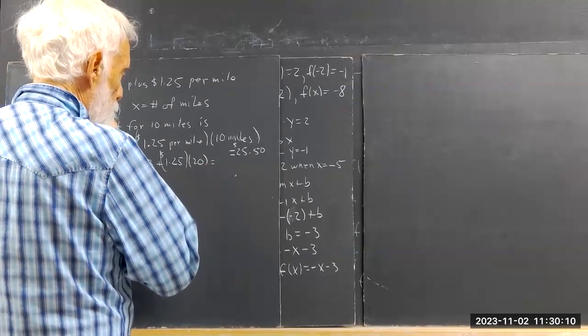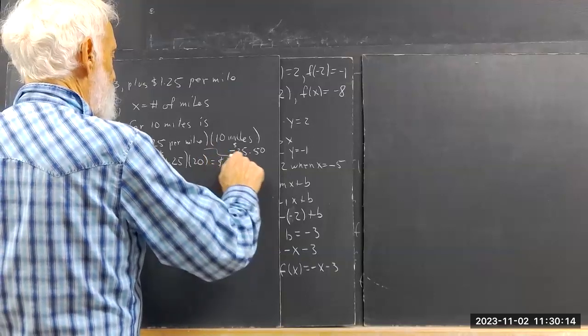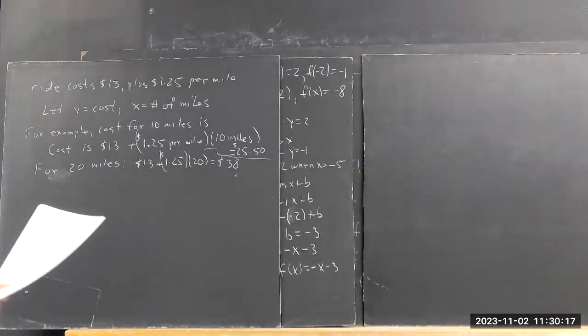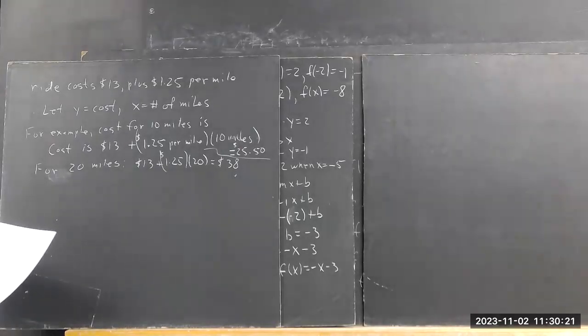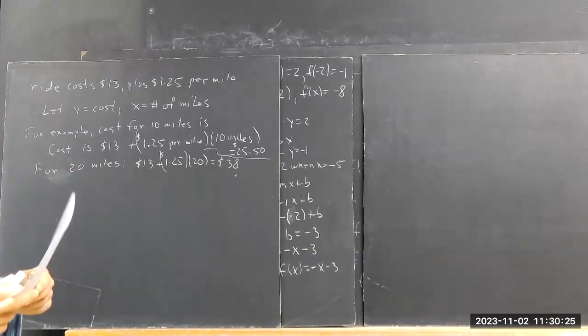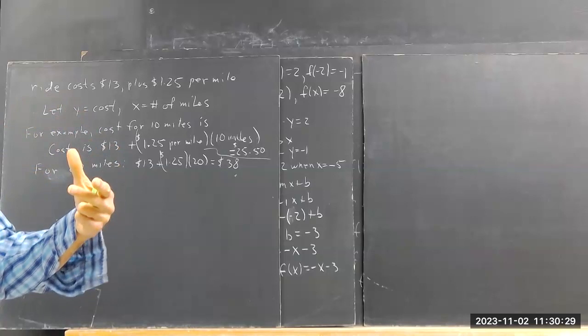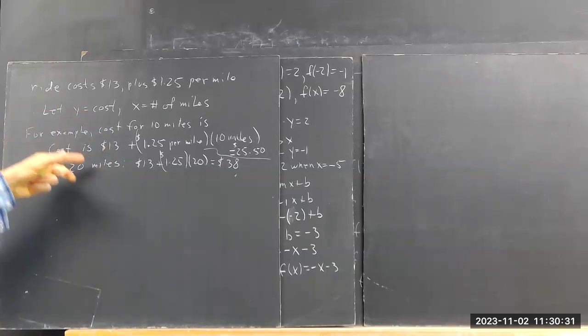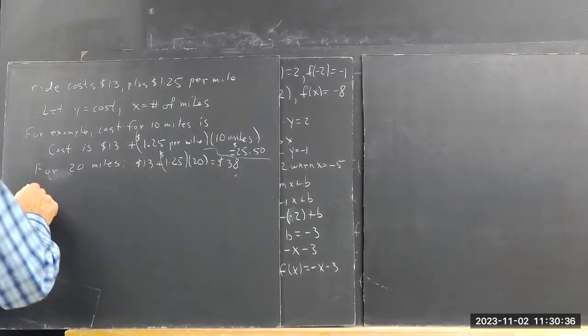And that's going to be another $12.50. That should be about $38. Okay. You don't have to do these sample calculations. I do these sample calculations just to get my head around the problem. It shows me how the cost is related to the number of miles.